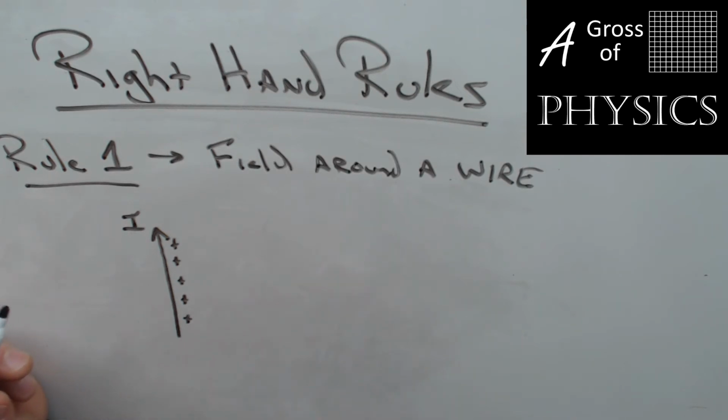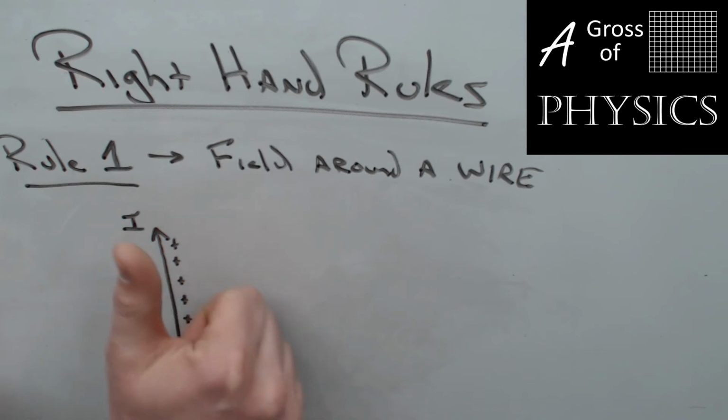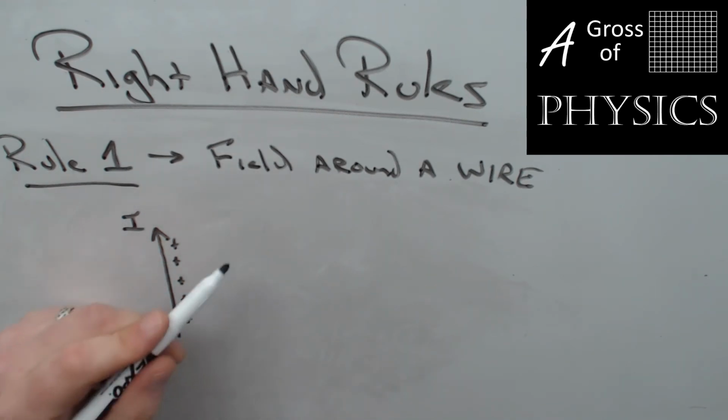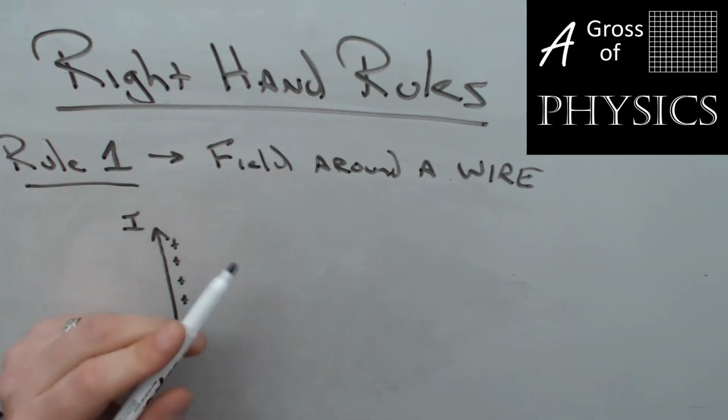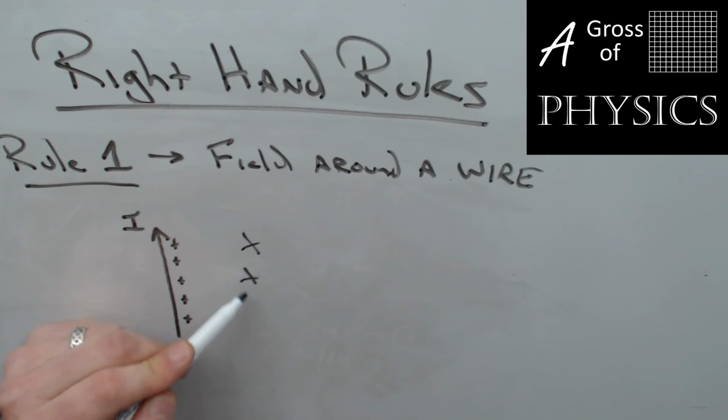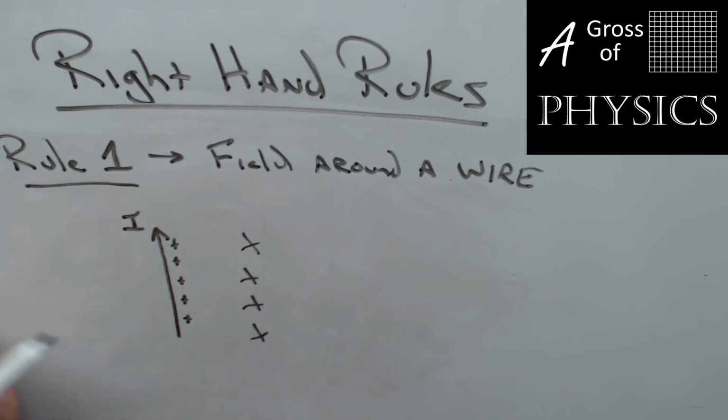So I'm going to take my hand and place it so it points up, my thumb is up, and my hand will wrap around the field. So on this side, my fingers go into the page, so I would represent that with X's. And then on the other side, my fingers come out of the page, and I would represent it by dots.